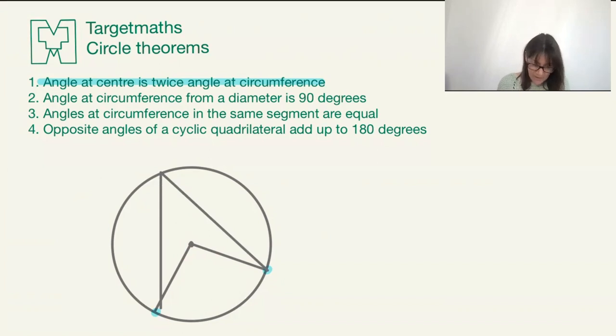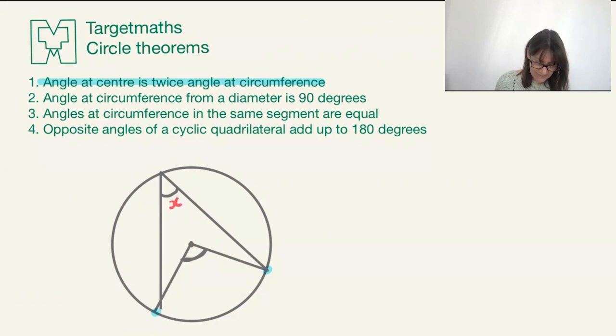And doing both those things, going from this point here to this point here, or going from this point here to this point here, creates me 2 angles. I have an angle at the circumference. I have an angle at the center. And the angle at the center is twice the size. And you can actually see that, when you look at that diagram, it does look twice as big.